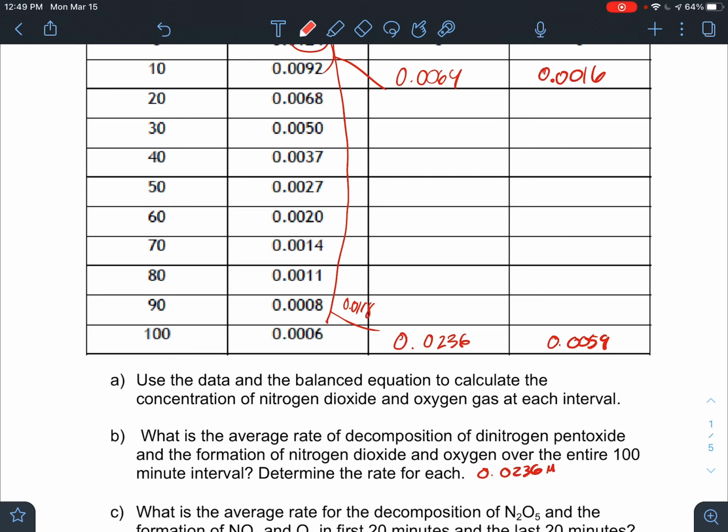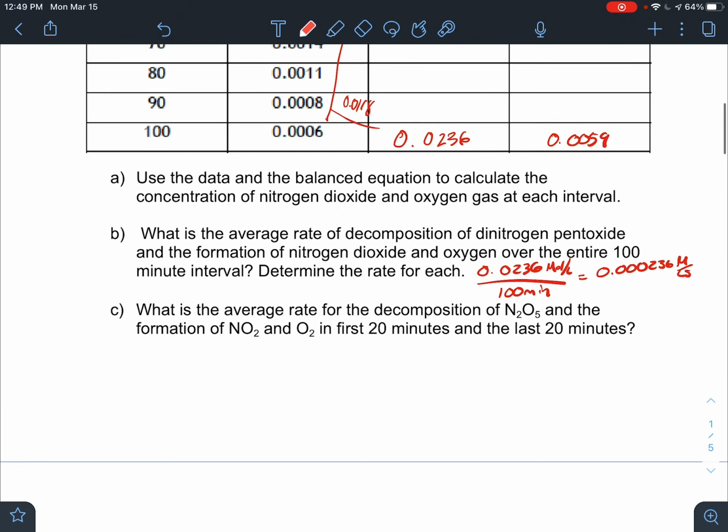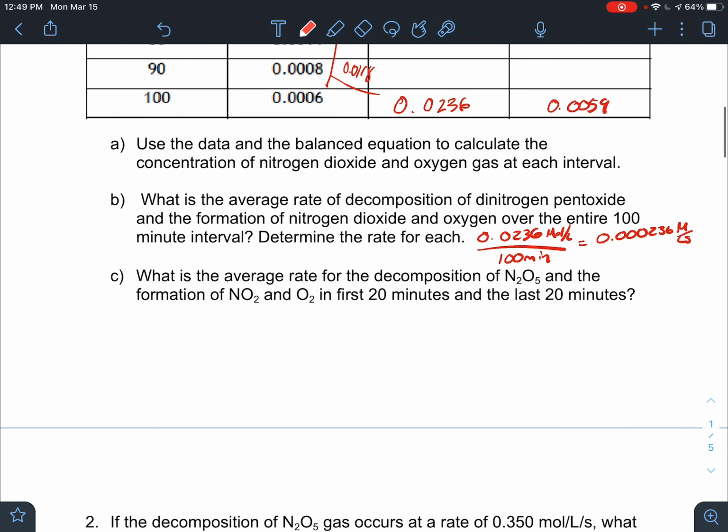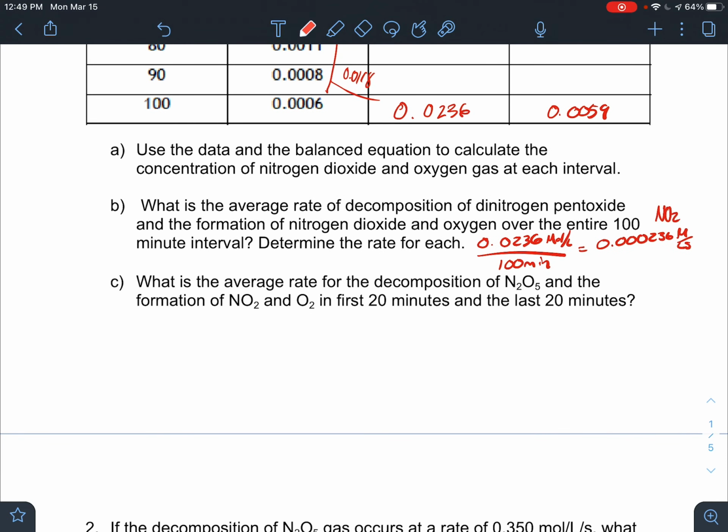That's how many moles per liter we created, divided by the total time of 100 minutes. And we just get 0.000236 moles per liter per second. So that's all you need to do for that one. So what is the average rate? That's our NO2. You can do the same thing for the oxygen, just divide the two numbers.